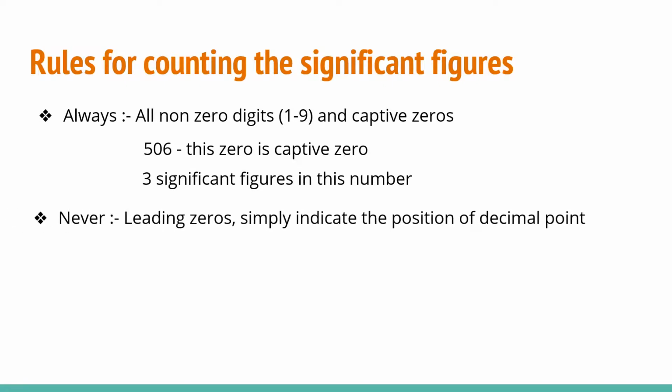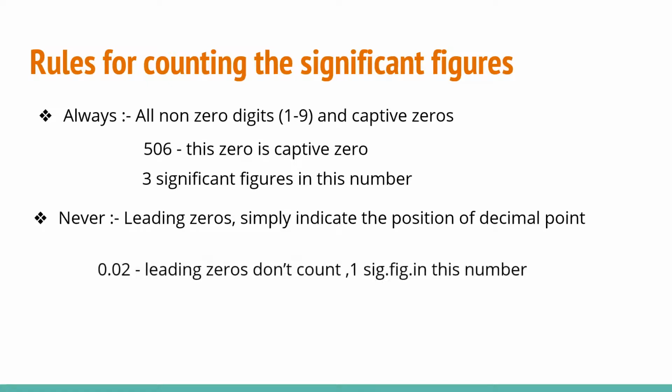Next, those which are never significant are leading zeros. These leading zeros simply indicate the position of the decimal point. They are never significant. When you read a number from left to right, they occur to the left of the non-zero digits. For example, in the number 0.02, the two digits 0.0 are leading zeros.